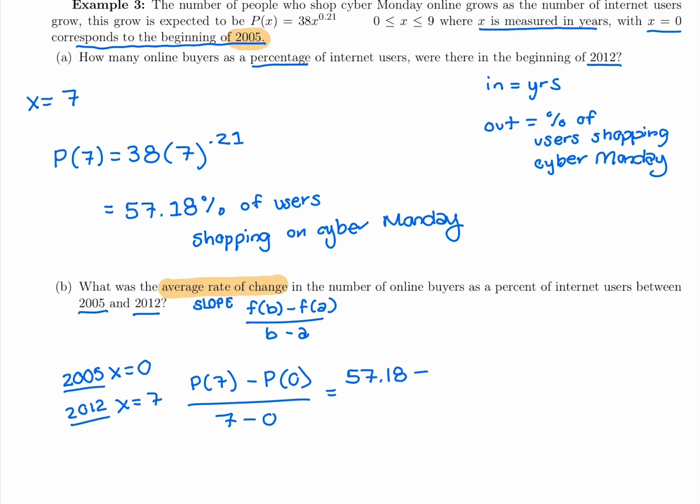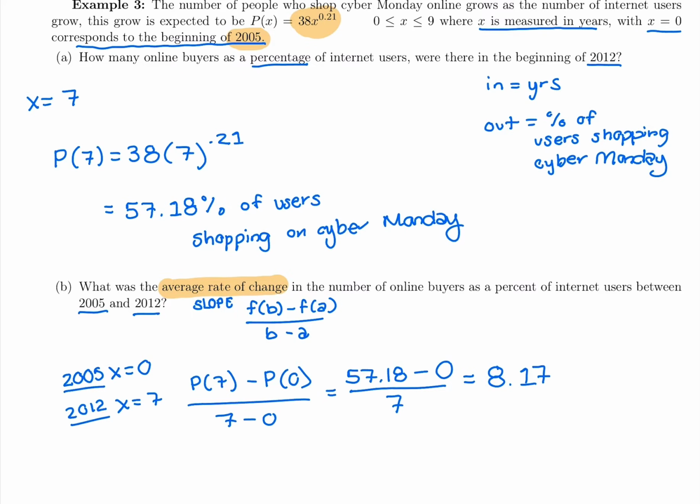So I'm going to go into this original equation and do 38 times 0 to the 0.21. Well, 38 times 0 to any power is just going to be 0, divided by a 7-year period. So we have 57.18 divided by 7, and we're going to get 8.168. I'm just going to round to 2 decimal places, about 8.17.